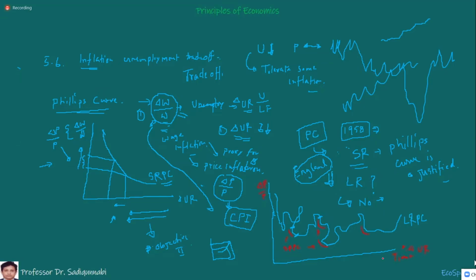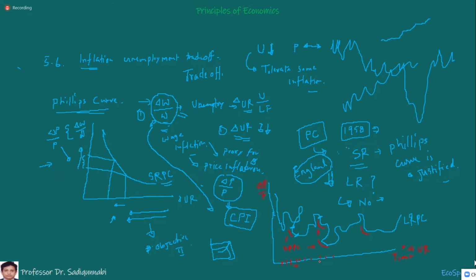So for the time, suppose this is year 1990, this is year 1992, 3, 4, 5, 6, 7, 8, 9. So you see that 95 to 96, there is this short-run Phillips curve occurs.